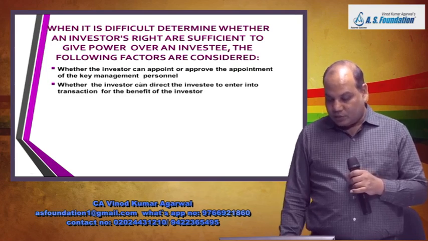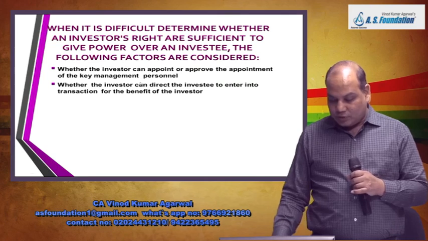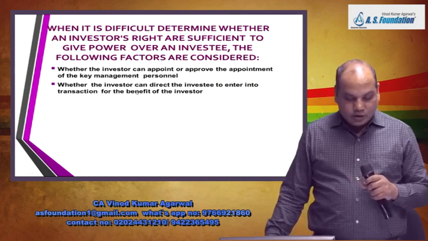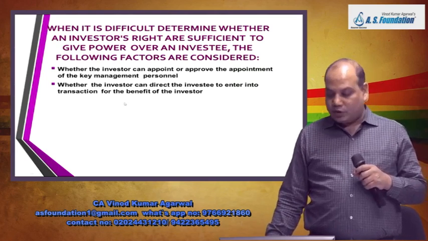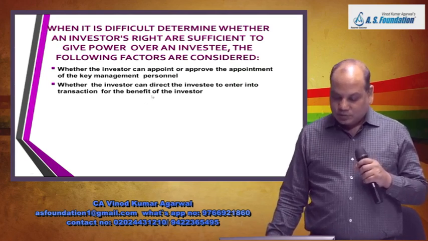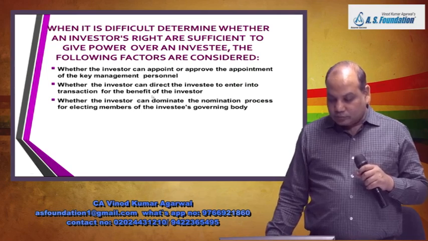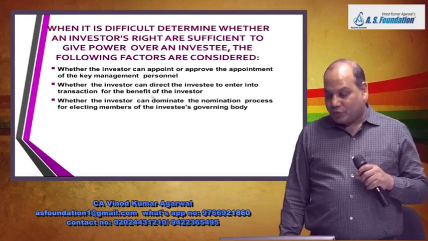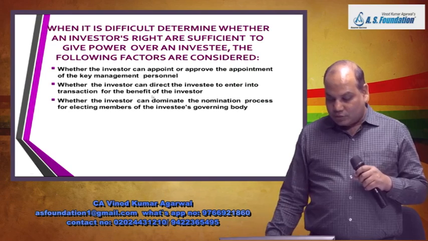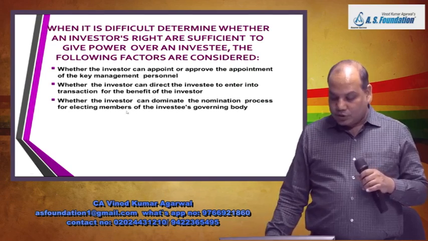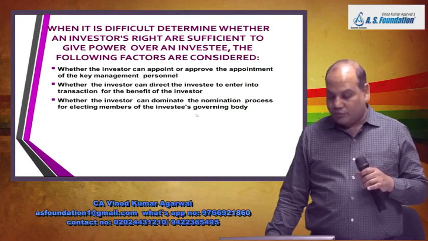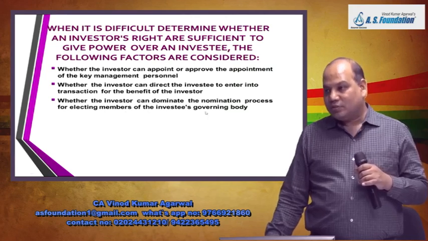This is an example of a substantive right. Check whether that is available. Whether the investor can direct the investee to enter into a transaction for the benefit of the investor. Already discussed. Now these are indicators to check whether there is control. Whether the investor can dominate the nomination process for electing members of the investee's governing body.